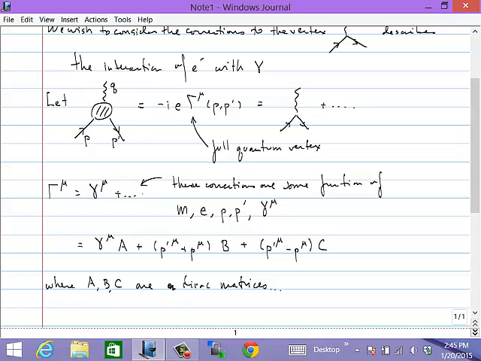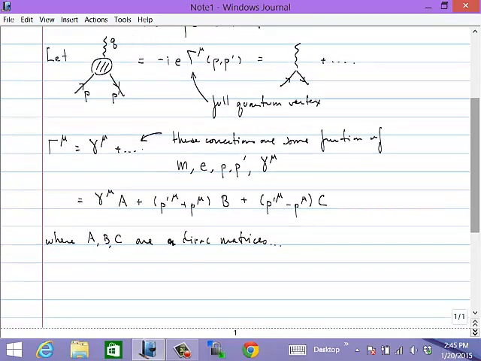Okay. So what I'd like to do now is further use the symmetries to restrict the possible forms of A, B, and C before I then go ahead and actually calculate these directly using Feynman diagrams. So the first thing that I would like to notice is that in an actual scattering process, Gamma mu is going to be contracted with the external spinors describing the spin of the incoming and outgoing electron.